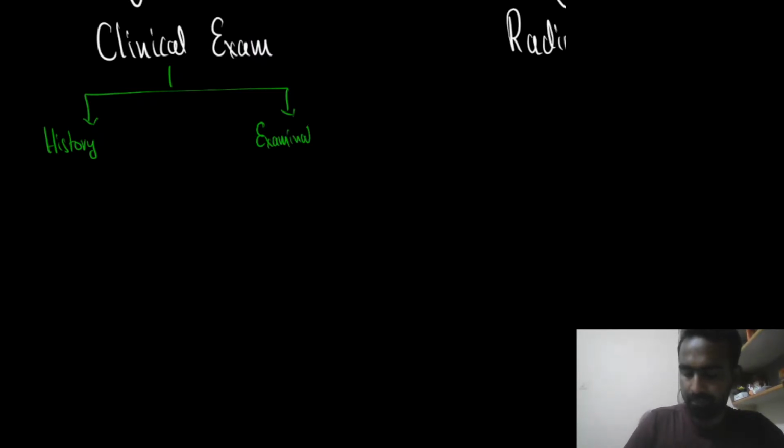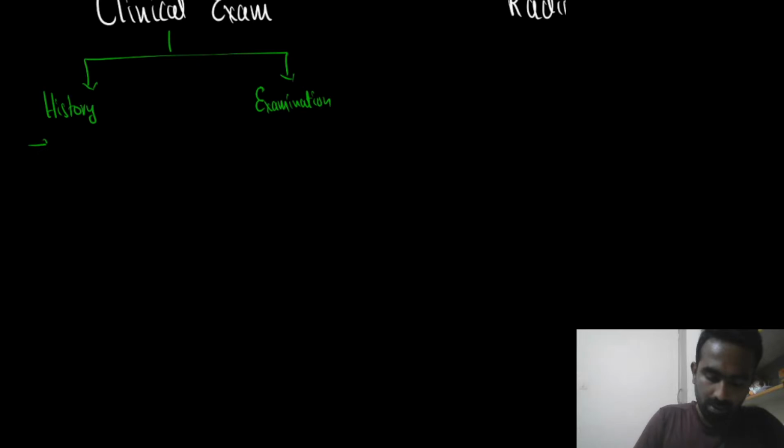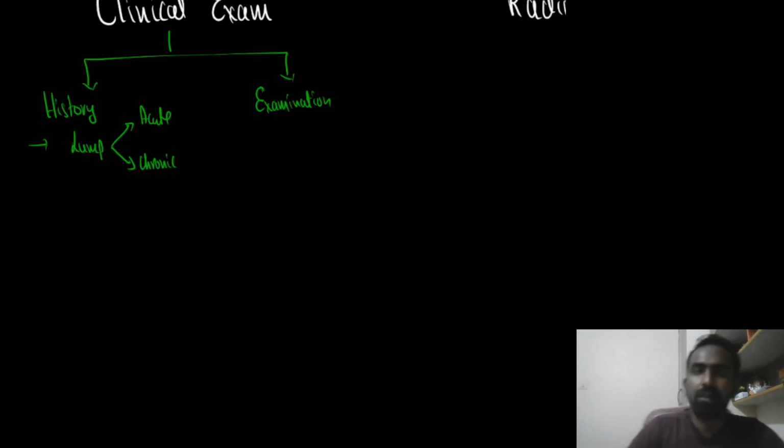In clinical examination we have history and examination, or palpation. In the history, we should talk about the patient's symptoms, like whether the patient has a lump, which can be of acute or chronic duration or recent onset. Acute could probably be benign or an infective or inflammatory disease, while a chronic or long duration could be due to malignancy also.